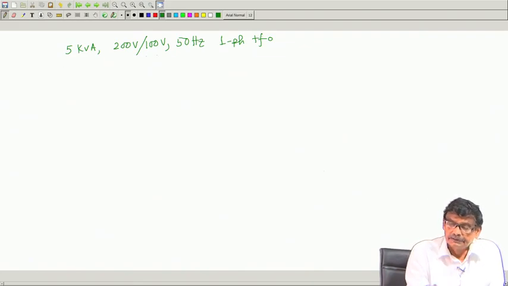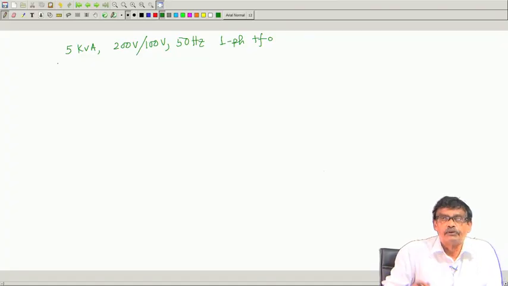This is the rating of each of the 3 transformers I have used.